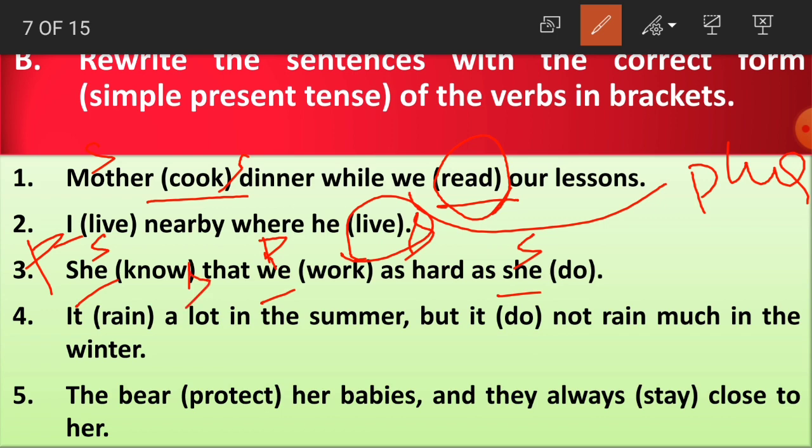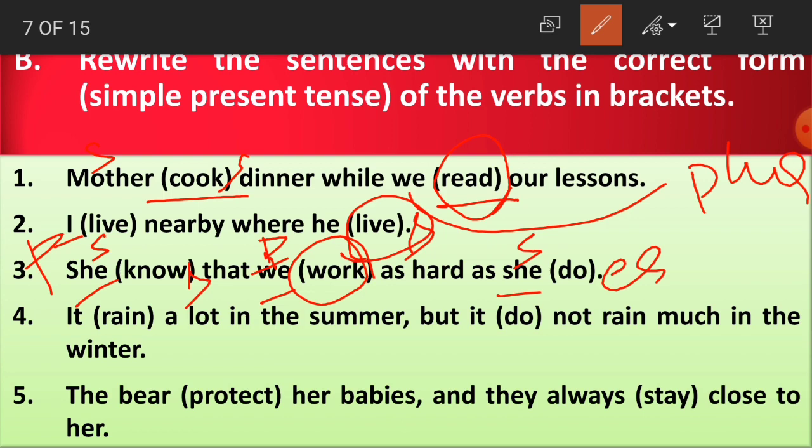She knows that we work, no change, because the subject is plural. As hard as she does. For do, the verb form is going to change by adding es. It becomes does. She knows that we work as hard as she does. Clear, children?